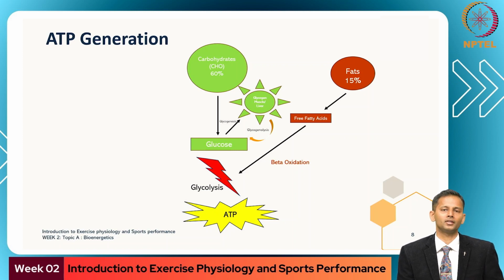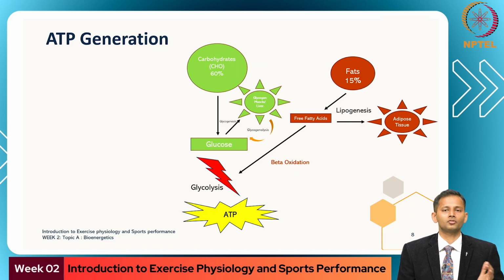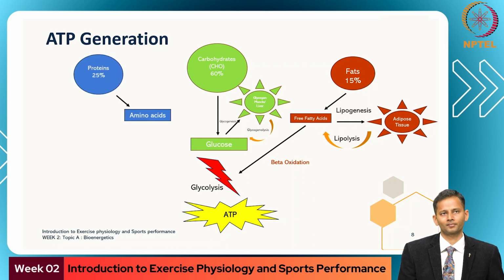Thereby they end up in ATP generation. Again, they can be stored in the body as lipid stores, also called adipose tissue, and the process is called lipogenesis. When they are needed, they are again broken down to release free fatty acids, and that process is called lipolysis.